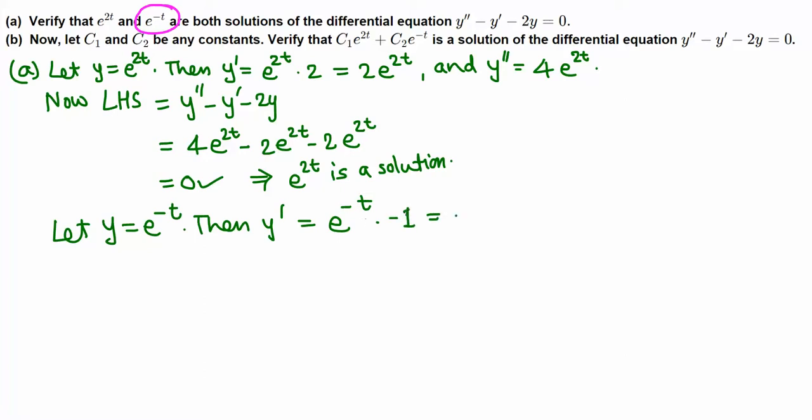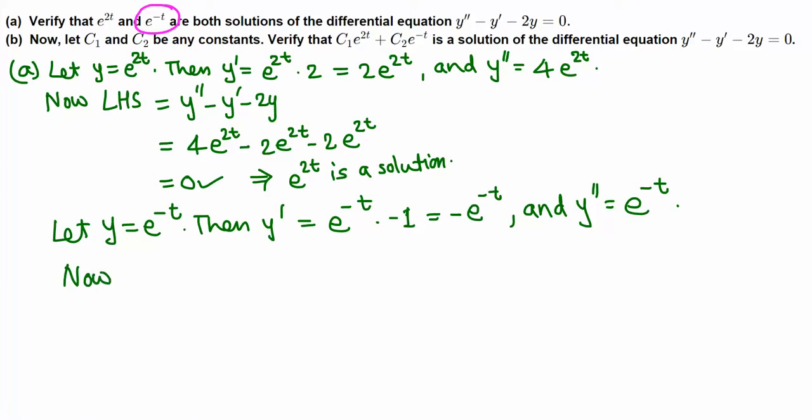So negative 1, let's put in the front, negative 1 e to the negative t, and the second derivative will be, let's find the derivative of this. Negative is there, and the derivative of e raised to negative t will be negative e raised to negative t. So negative negative is positive e raised to negative t.